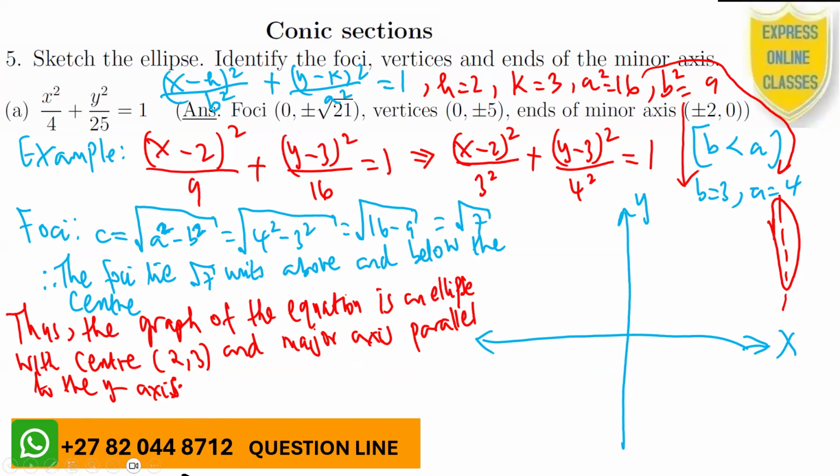Major axis parallel to the y-axis. Okay, we continue with this particular question.